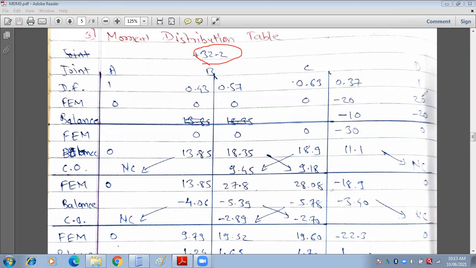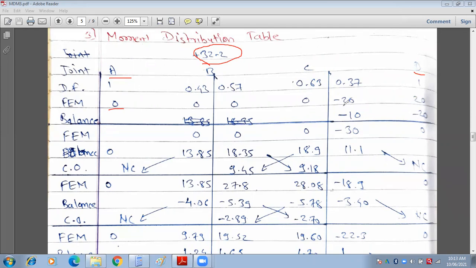We have to check which kind of support it is. Support A is simply supported and by default the value is 0 over here. For D also the support is simply supported, it means hinge supported, therefore the end moment must be equal to 0.